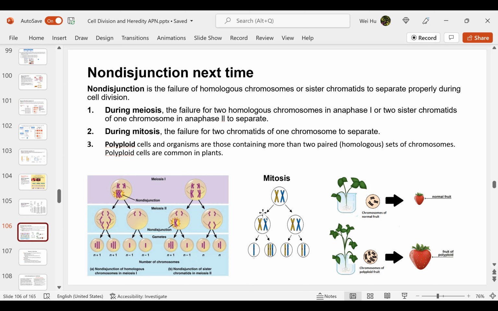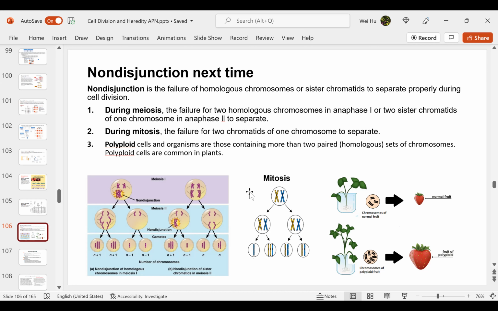During mitosis, you also can have this problem, but in mitosis, they only have severe consequences right from the beginning. When you are in the zygote stage, you are one cell. So if this non-disjunction happened, you have consequences. Half of the cells have one more, another half have one less, right?